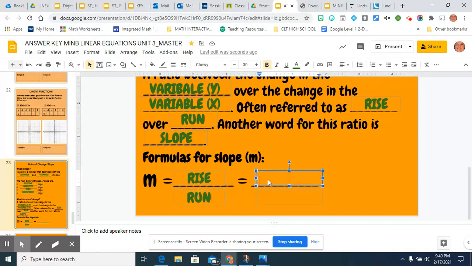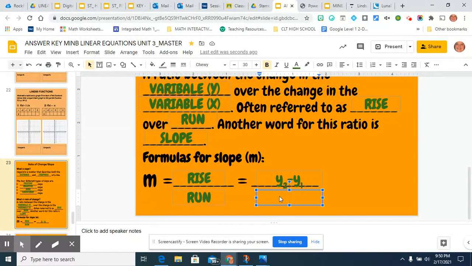If we're looking at a table or a set of coordinate pairs, we often use the direct slope formula, which is y subscript 2 minus y subscript 1. And this just means the y of a second point minus the y of a first point.